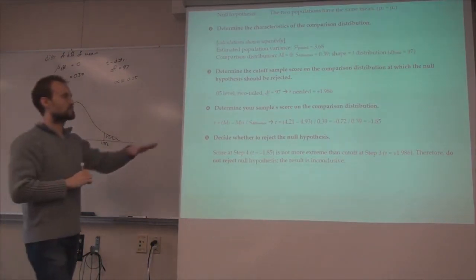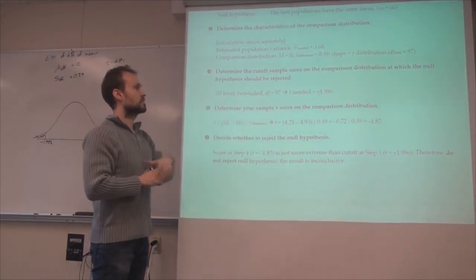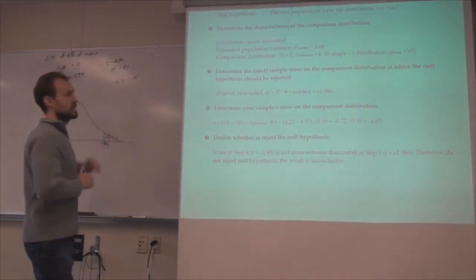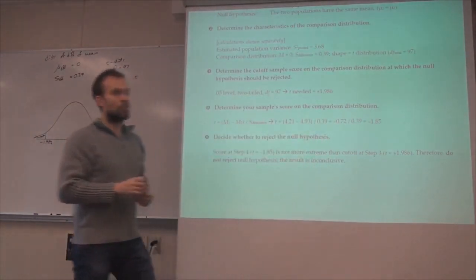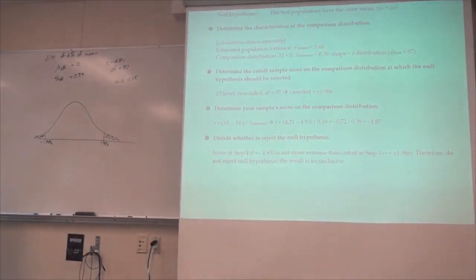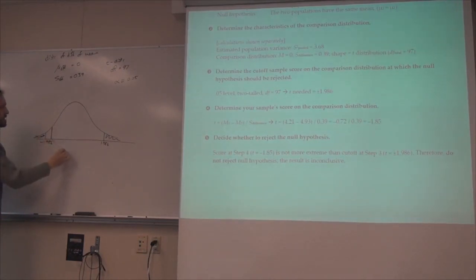And then I see what is my t-score observed between the two sample means using my estimate for the standard deviation. And I get a negative 1.85. Oh, that's over here. I'll exaggerate it a little bit. Negative 1.85.